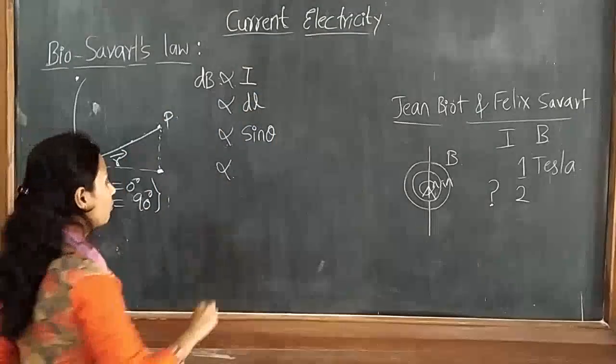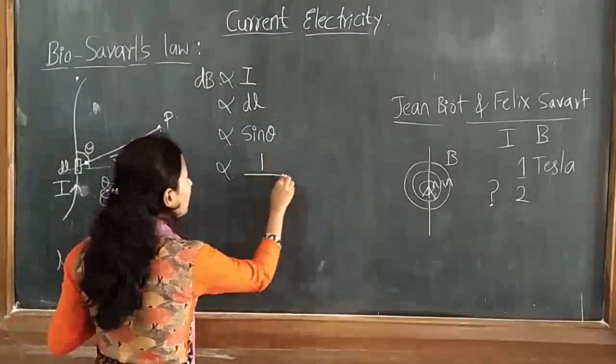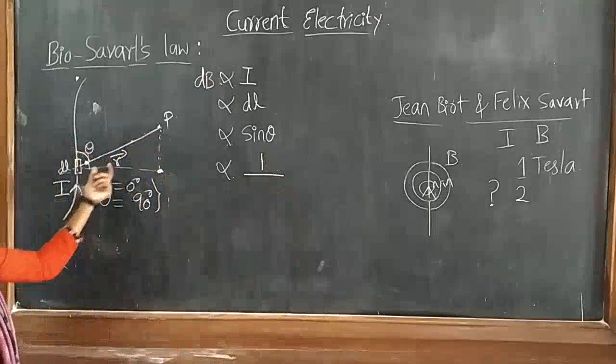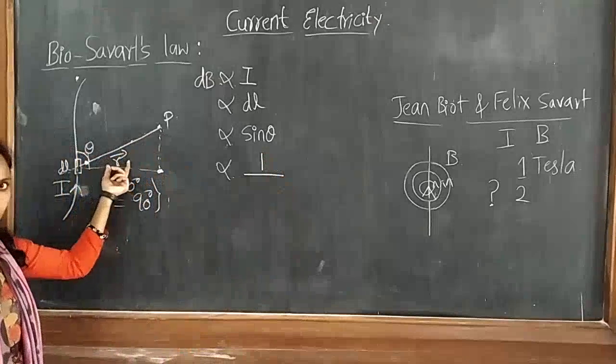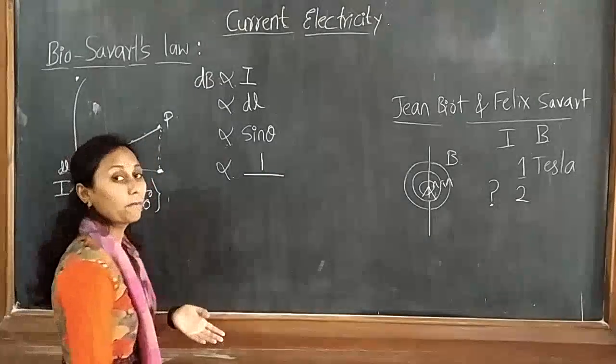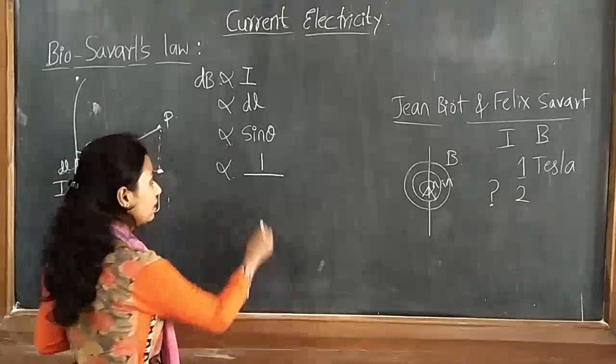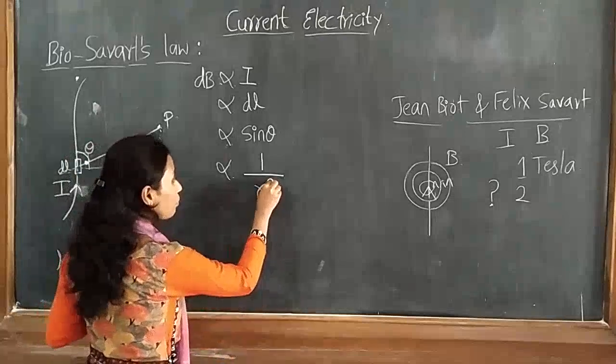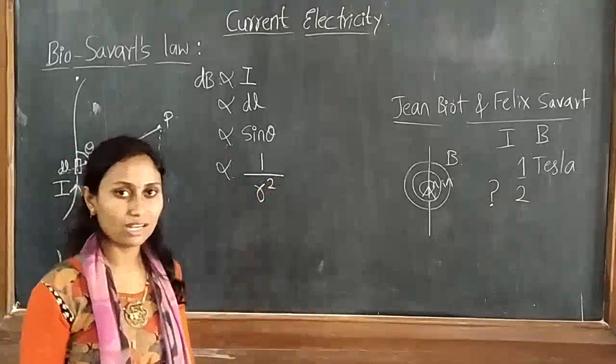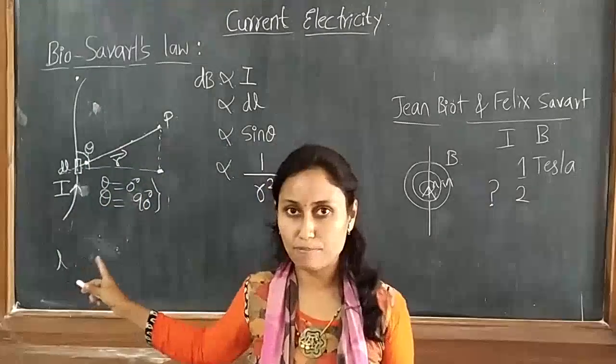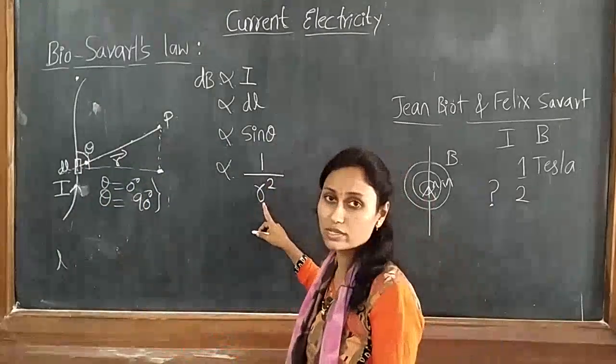So from this we got that it is inversely proportional to the distance. But not only the distance, it is inversely proportional to the square of the distance. Inverse square law is applying here. Is it the inverse square law?